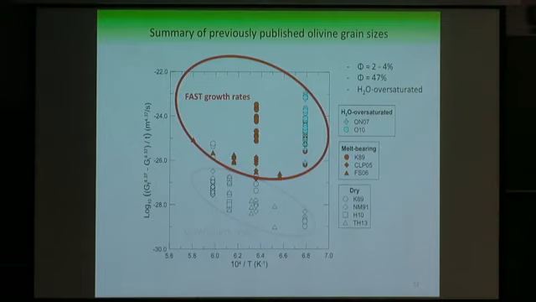These experiments done here exhibit high melt contents, so 2, 4, and 47% melt, and also water oversaturated conditions. So I decided to do another set of experiments under high temperature and high pressure with melt contents varying from nominally 0 to 80% melt.